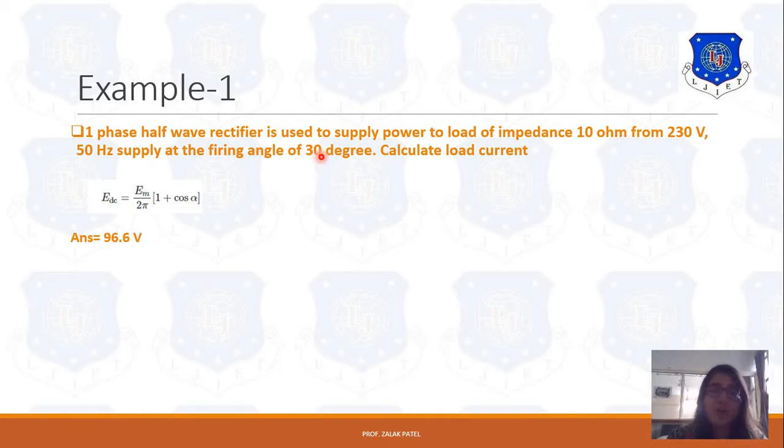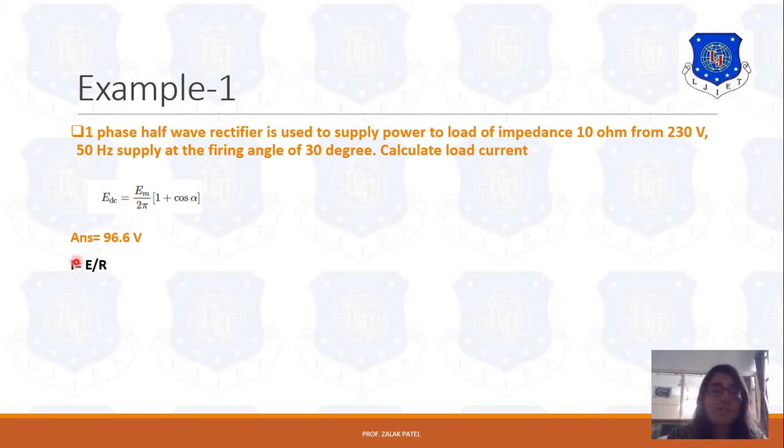Now if you want to find the current, then current is voltage upon resistance. Here only the resistive term is there, the impedance is 10 ohm, so the value of resistance is 10. No other load is present, meaning no inductive or capacitive load.